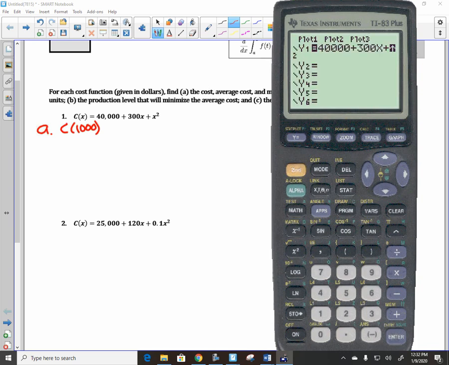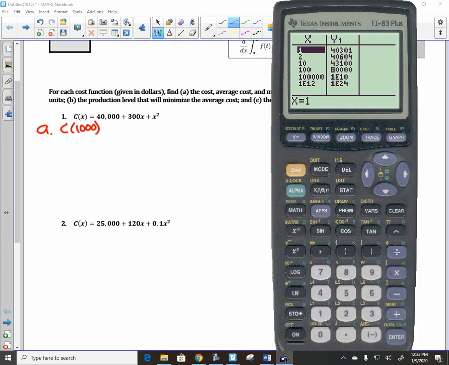And I type in 1,000. And when I do that, I get this. Now, if you go over and highlight it, it'll list the number right there. It looks like I get the cost of producing 1,000 items is $1,340,000.